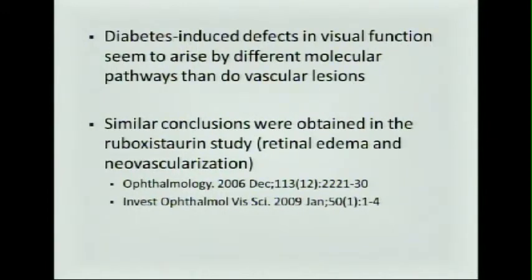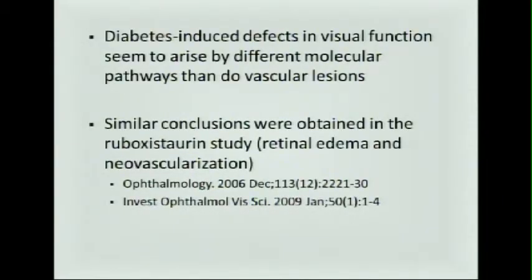Now, there are obviously a lot of things in clinical practice, like preretinal membrane or preretinal hemorrhage, that can physically obstruct light from getting back, and vitrectomy or something like that can clean that up. That obviously is a major cause of vision loss, but there are also diabetes-induced defects within the neural retina itself.